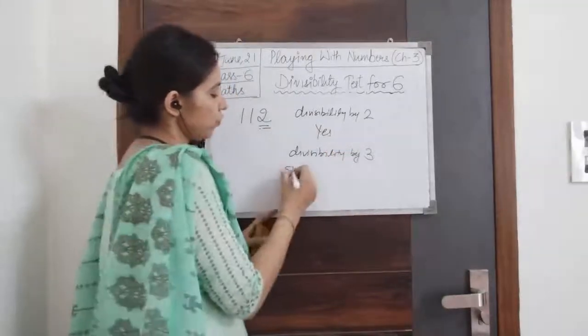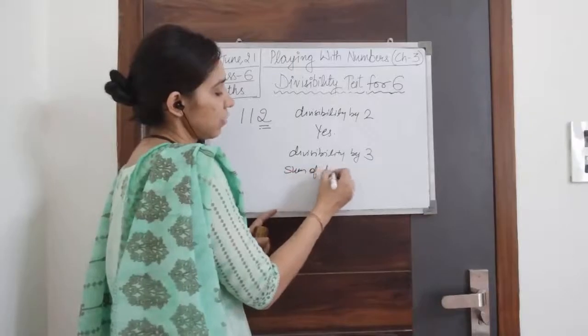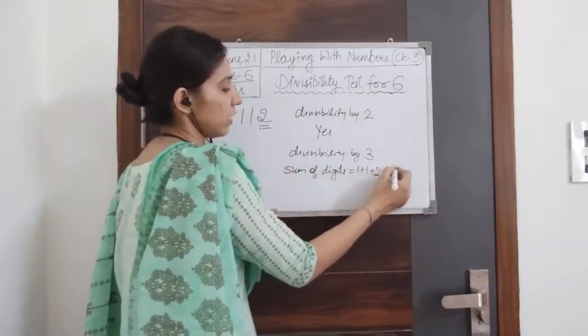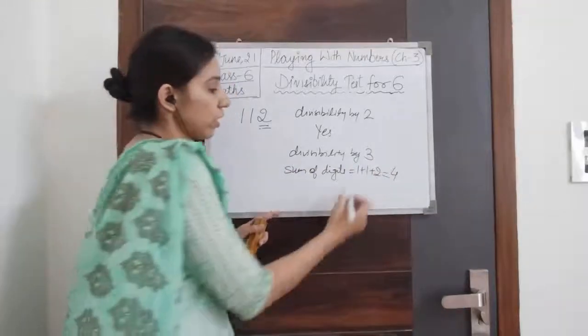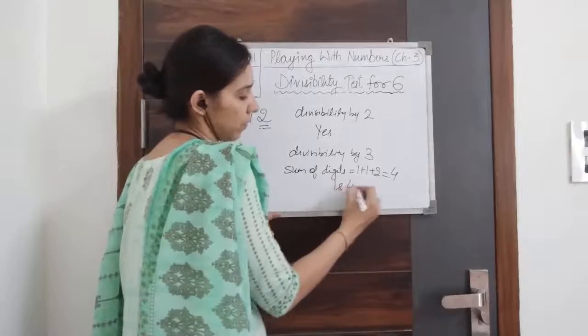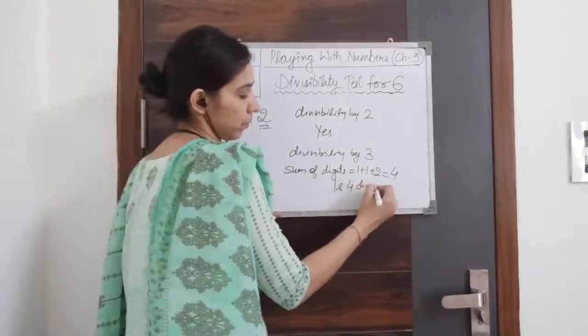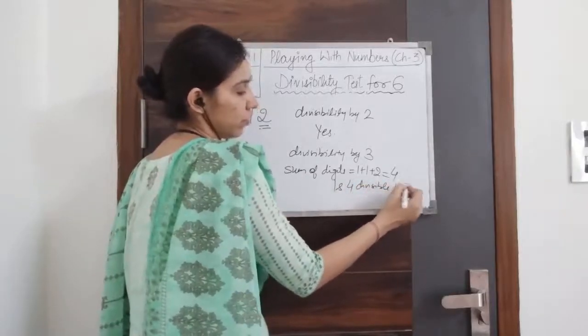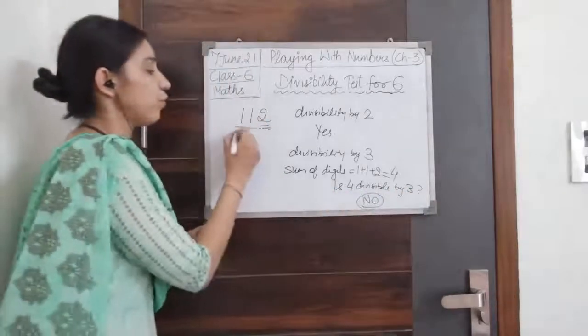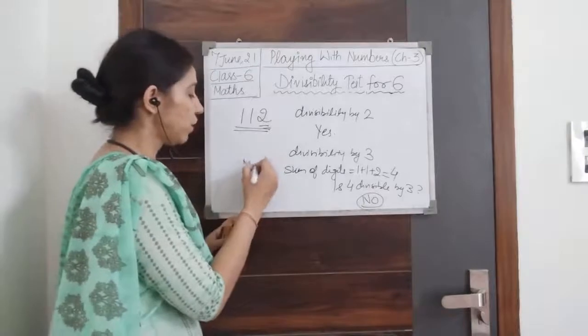We will have to check sum of digits. Sum of digits आपका क्या हो जाएगा? 1 plus 1 plus 2, that is 4. Is 4 divisible by 3? No. It means this number 112 is not divisible by 3.